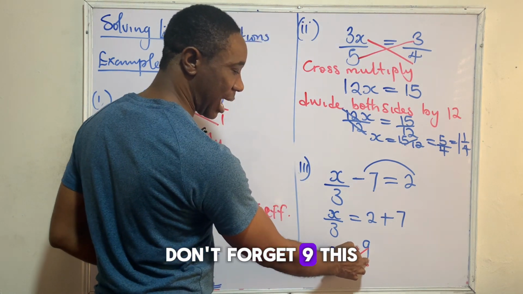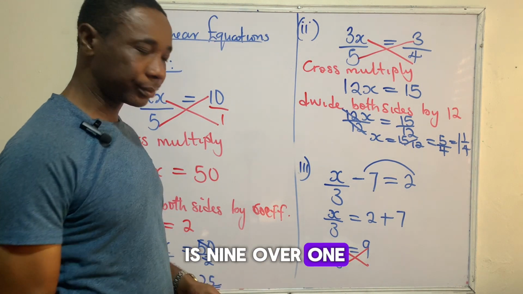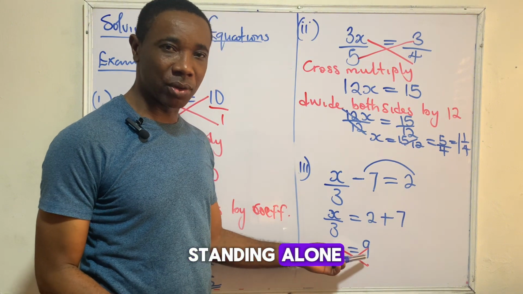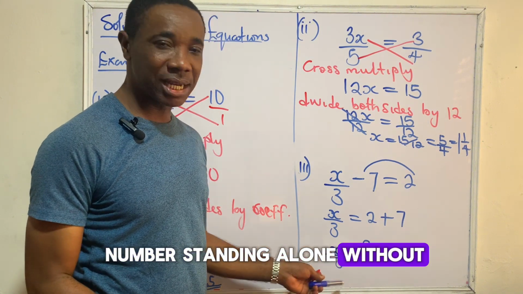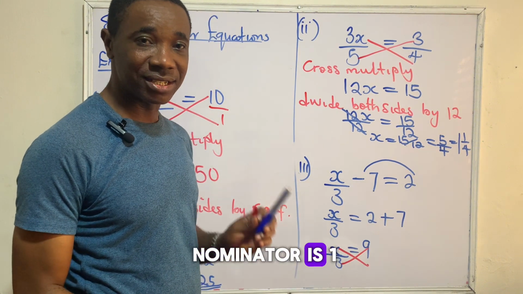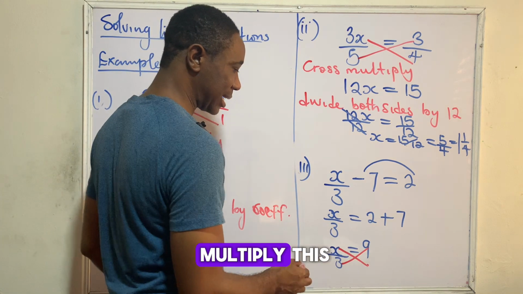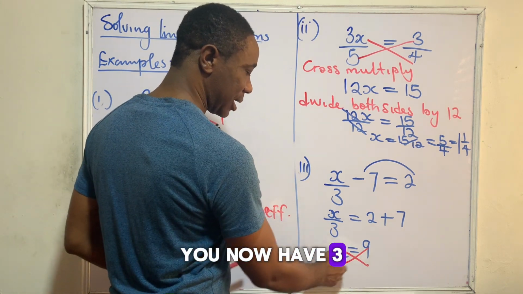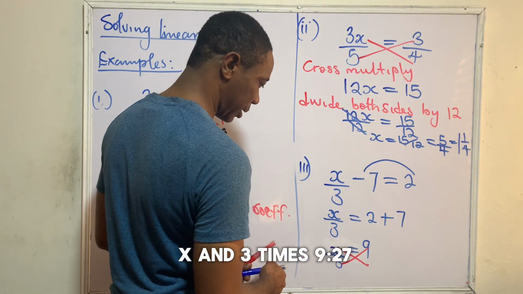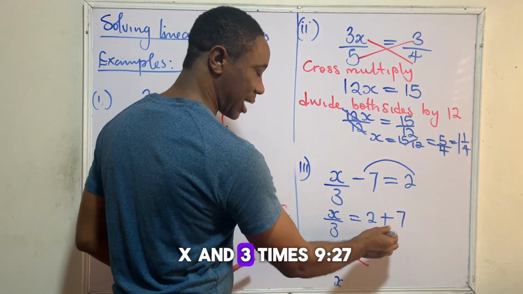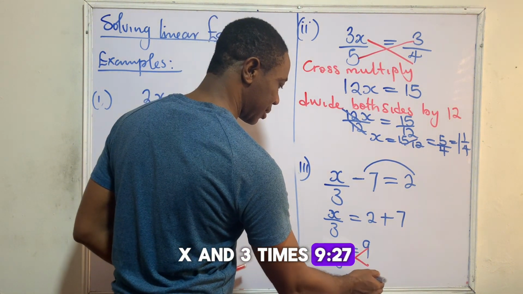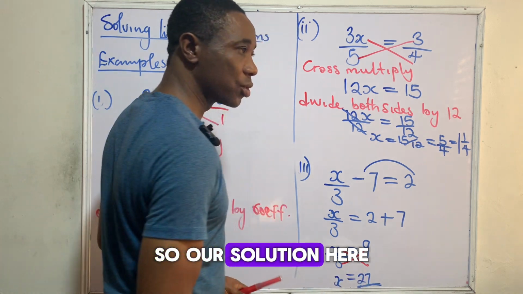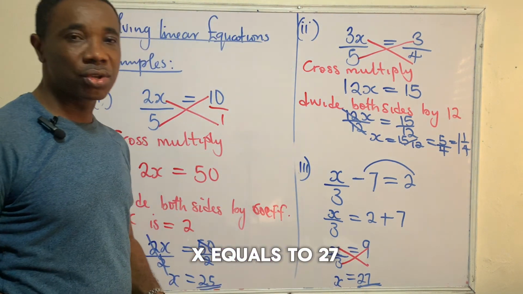Don't forget, 9 is 9 over 1. When you have a number standing alone without a denominator, it means that the denominator is 1. So when you cross multiply this, you will now have 3 times x times 1, which is 3x, and 3 times 9, which is 27. So our solution here is x equals 27.